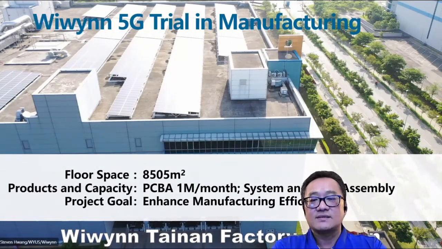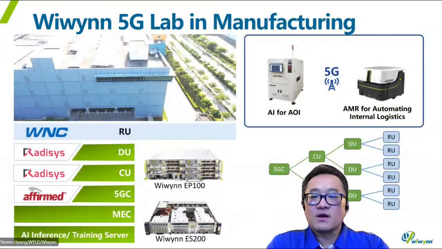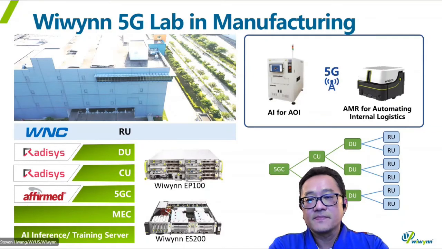manufacturing efficiency. In the 5G smart factory, we have 5G connections serving two applications. One is AI for AOI, and the other is to control and command the AMR for inter-factory logistics. The 5G core is a private network, where the CU and DU are running a software stack from Radisys. The 5G core, CU, and DU are running in our edge server EP100.